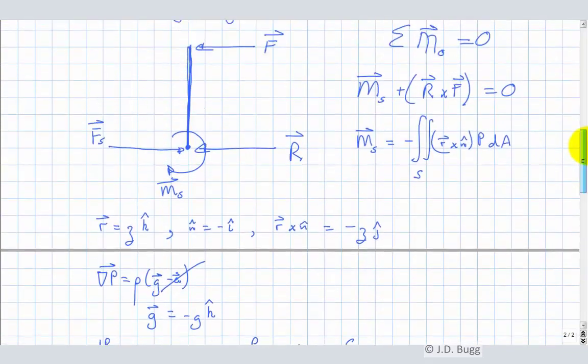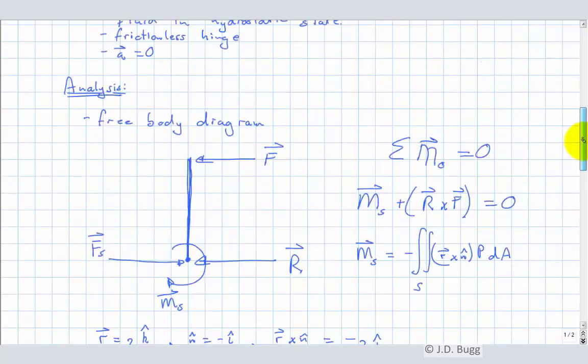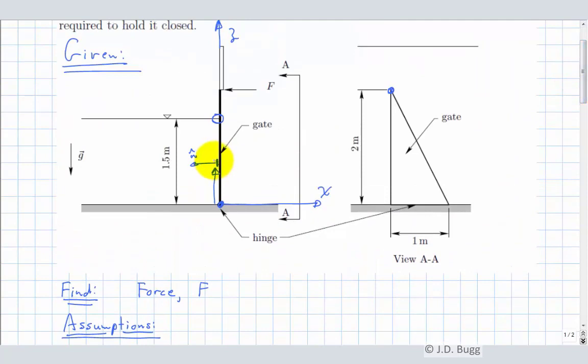The last thing we need in our expression for the moment is dA. And again, take a look at our coordinate system. This element of area lies in the ZY plane. Remember, the y-axis for this particular coordinate system is going to go directly into the screen. So that gate is lying in the YZ plane.